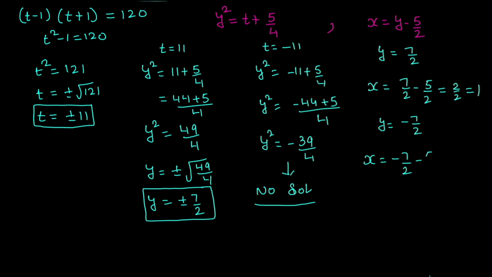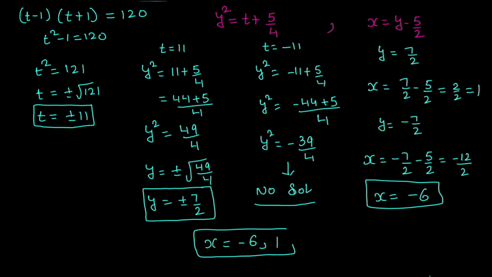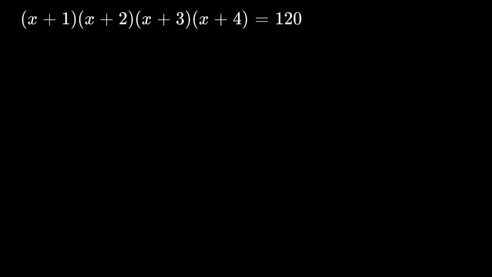So minus of 7 by 2 minus of 5 by 2 comes to be minus of 12 by 2, which comes to be minus 6. So here we get the two values of x, that is x is equal to minus 6 and 1, and now we verify these two values by putting in our equation. We have the two values of x is equal to 1 and x is equal to minus 6.